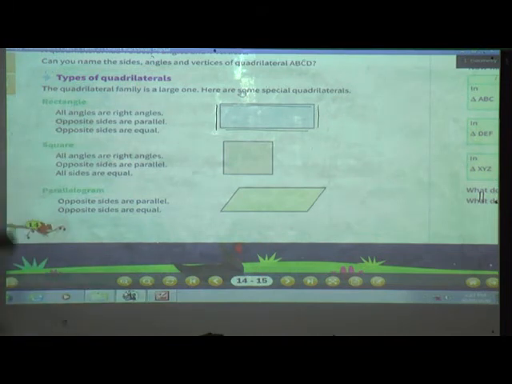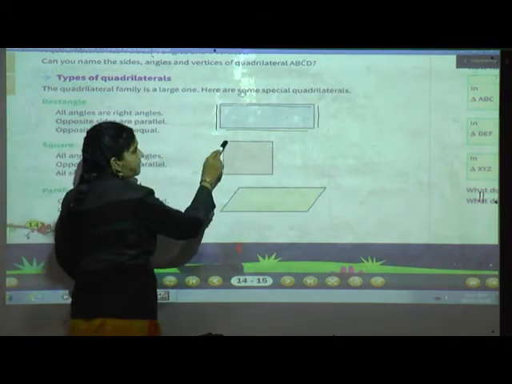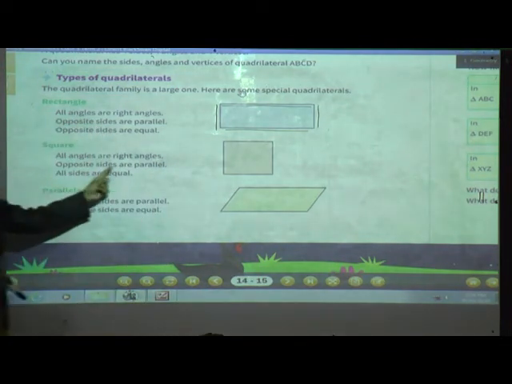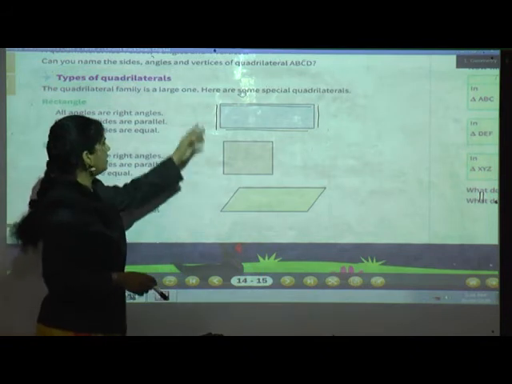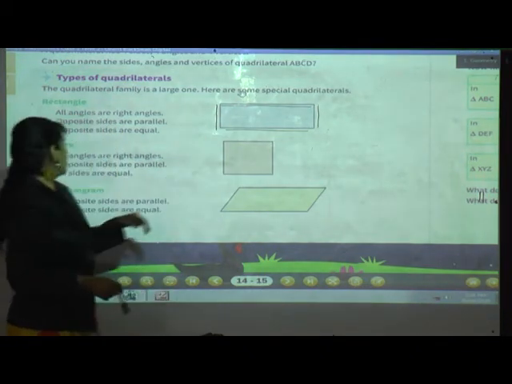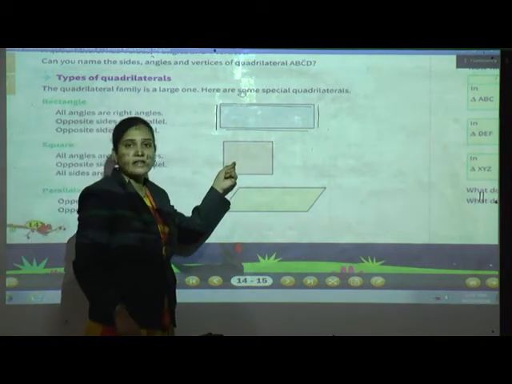Second one is a square. All angles are right angles. Here also, all angles are right angles, same as rectangle. Opposite sides are parallel in rectangle also and in square also. But all sides are equal.